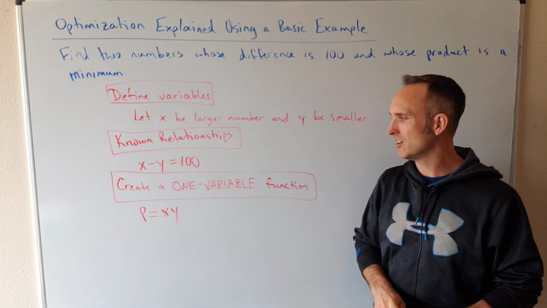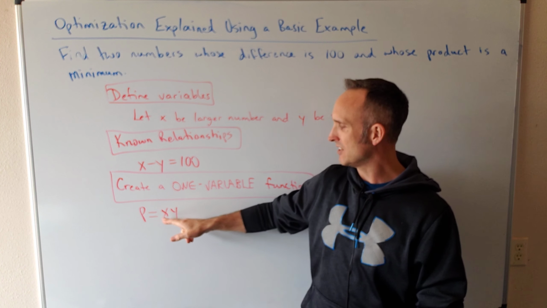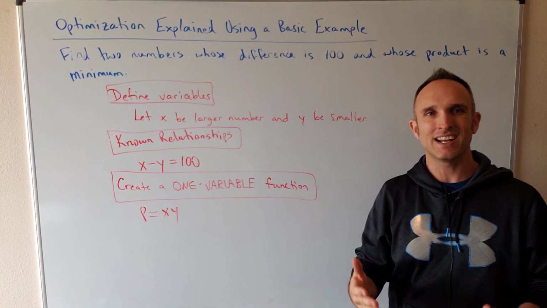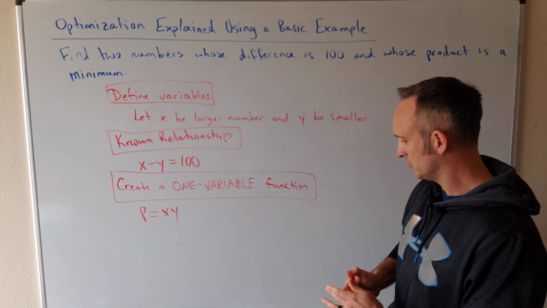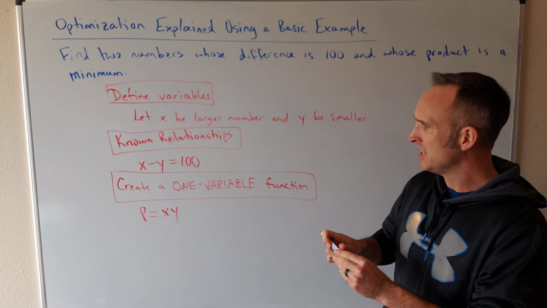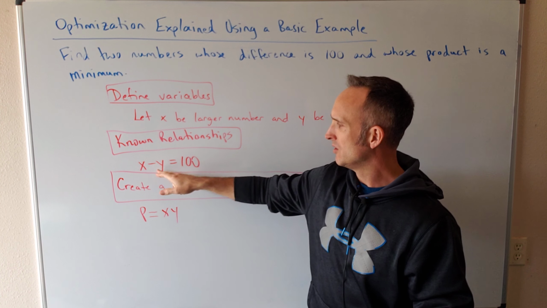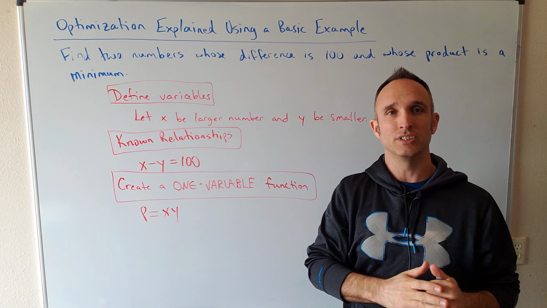And so the issue here is that this function for product, P, is not one variable. It's x times y. So what we will do often is we will come back up here and rewrite this relationship so that one of the variables is solved.